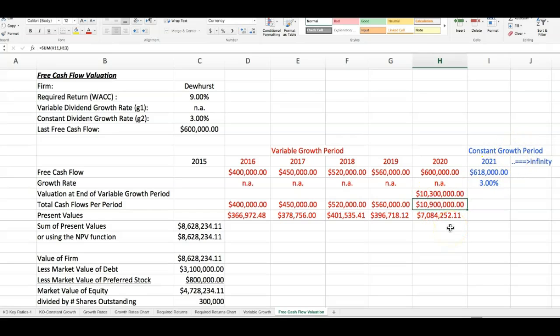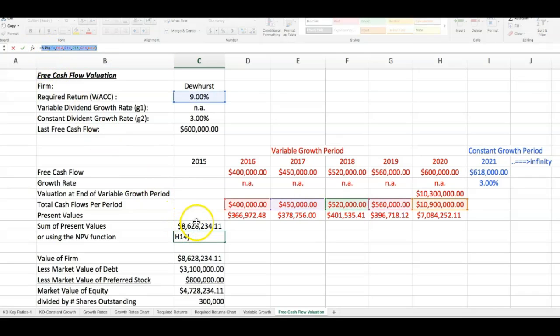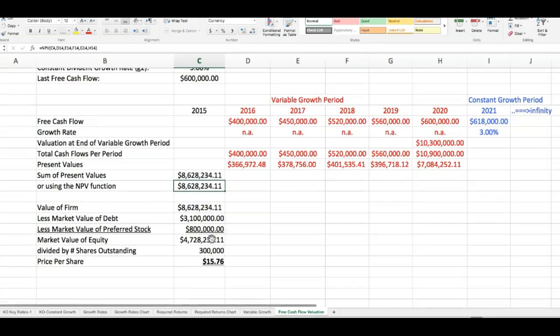So our total free cash flow in year 2020 is $10,900,000. And then we can calculate the present value of each one of those cash flows just using our simple present value discount formula and then summing them up. Or we could just directly use the NPV formula, the net present value formula in Excel, to come up with the same $8,628,000.